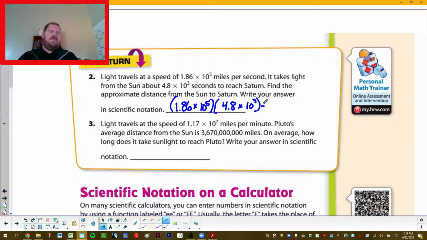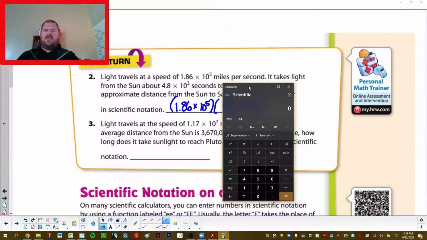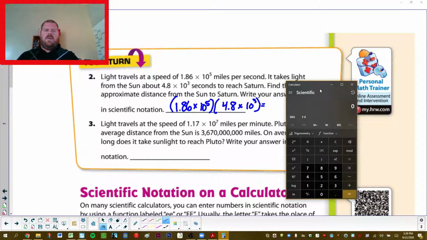For this one, I'll keep it in scientific notation and do the operation that way. For the next one, I'll do that other method of standard notation and then adjust it.